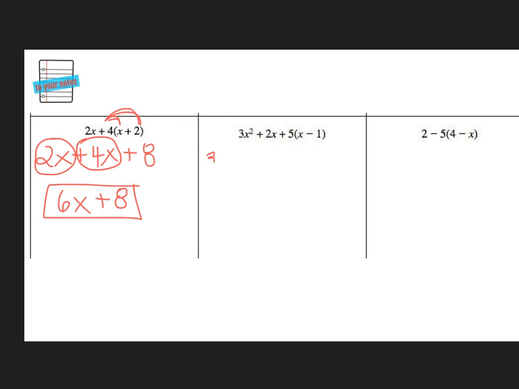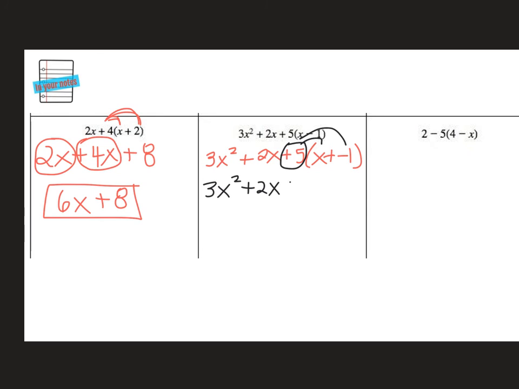All right, our next one, 3x squared plus 2x plus 5. I'm just going to make this a plus negative here. And then we'll notice that our 5 is what's outside of the parentheses. It's a positive 5, and that's being distributed through. So my first few things, 3x squared and plus 2x, don't change.